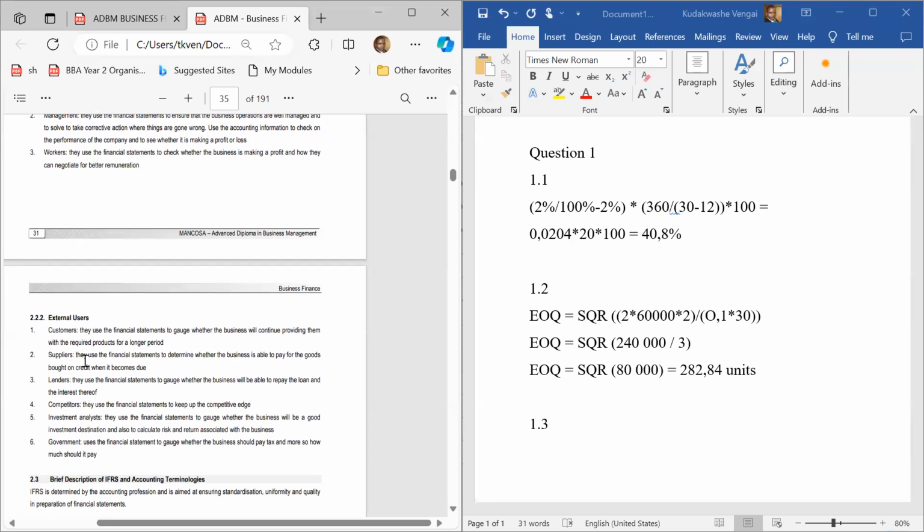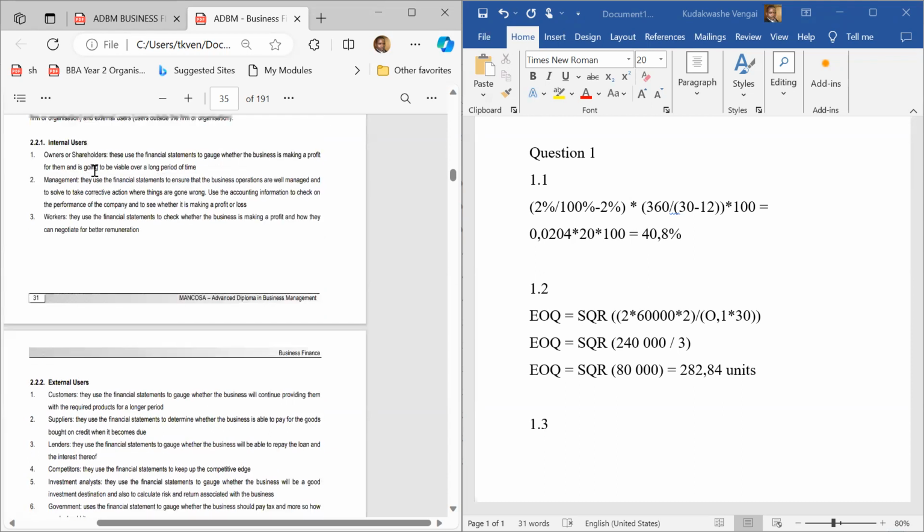So in the exam situation, just take these answers and then put them in your own words. So you just highlight that you've got shareholders, and then you explain what shareholders are in your own words. You highlight management and explain what management is and what they use financial statements for in your own words. You highlight workers, customers, suppliers, lenders, competitors, investors, government.